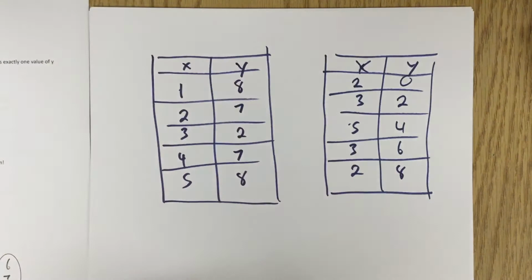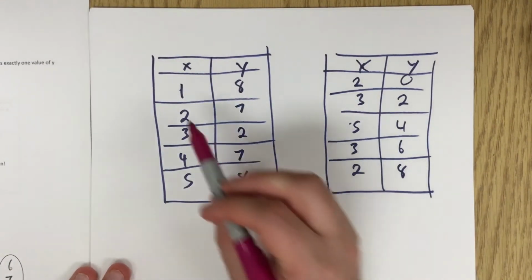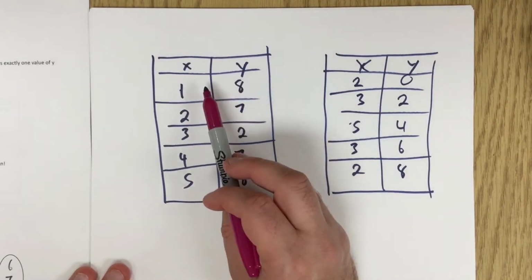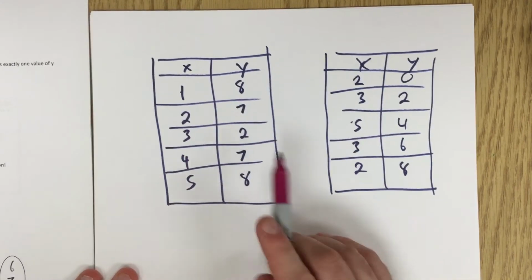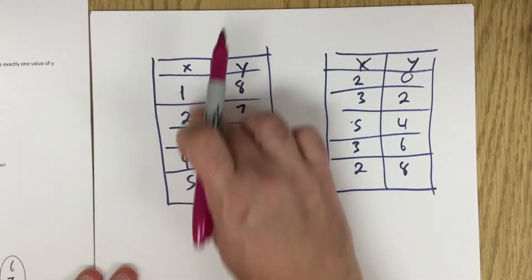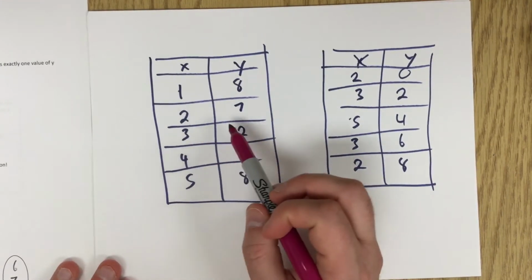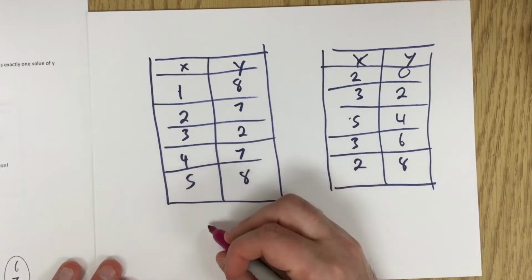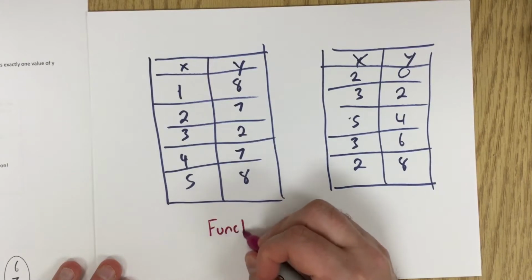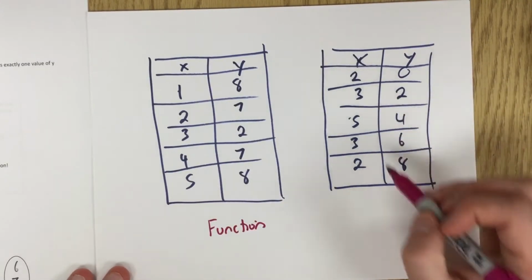Moving on. What we see is that this x only has one value of y. There's no other one. The 2, the 3, the 4. Now both of these have 7, but that's not a problem. It's not a problem if two different x's share a value of y. So this would be a function. This one's not a function though.